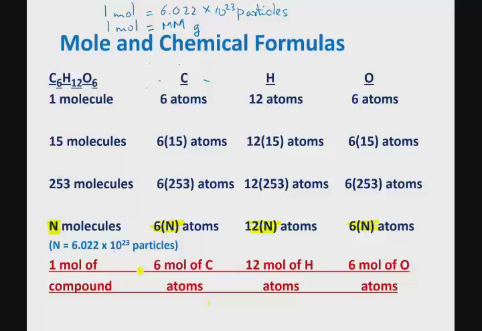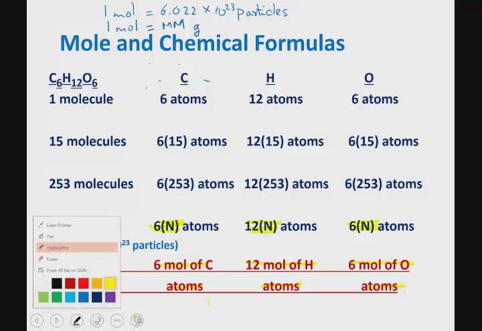So for glucose, 1 mole of glucose contains 6 moles of carbon atoms because of the subscript 6, 12 moles of hydrogen atoms because of the subscript 12, and 6 moles of oxygen atoms because of the subscript after oxygen in the chemical formula.